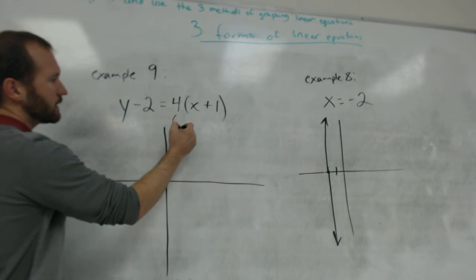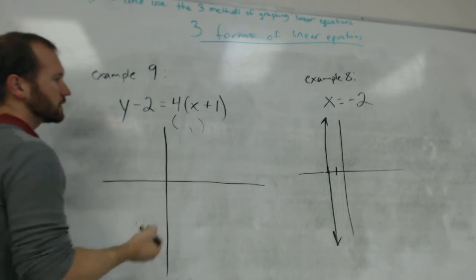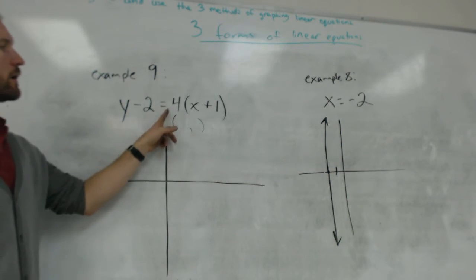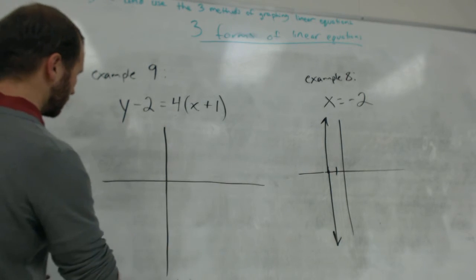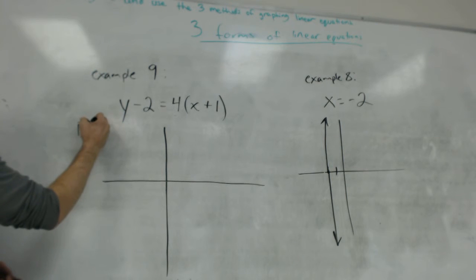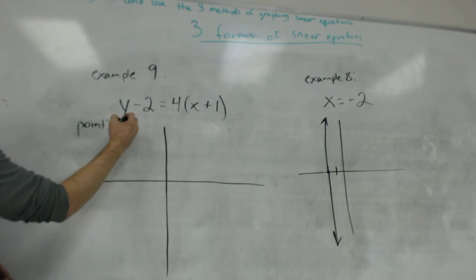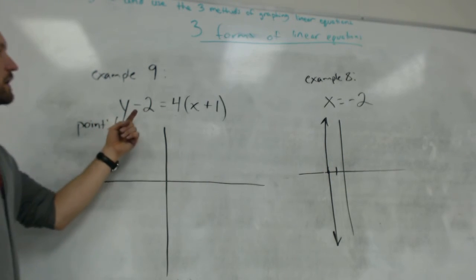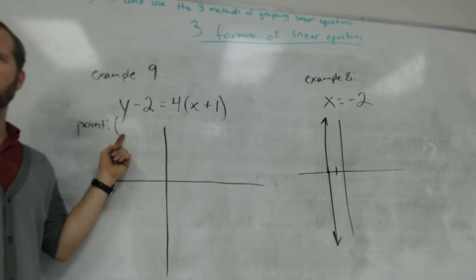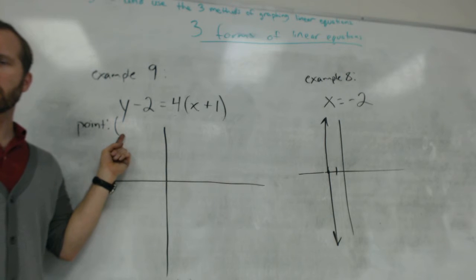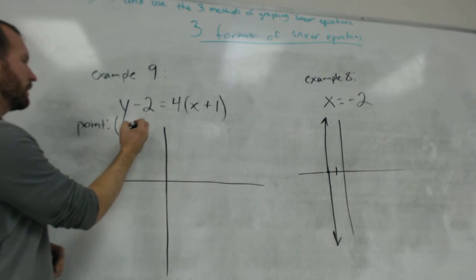Points look like this, right? Something, comma, something else. 4 is going to be our slope. Our point is going to be negative 1 and 2, but which one comes first in the point, the x or the y? x. What's my x? The negative 1.